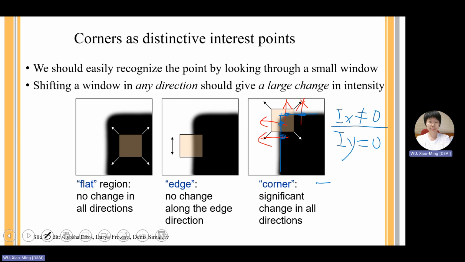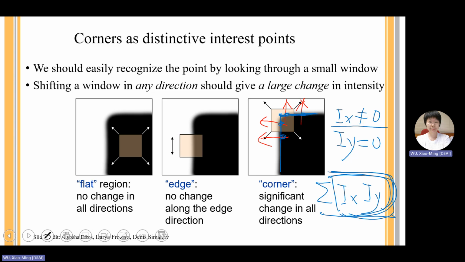So if you compute ix times iy, because ix and iy cannot be non-zero simultaneously, at least one of them has to be 0. Can you name a case when they are non-zero simultaneously? You cannot find such a case.